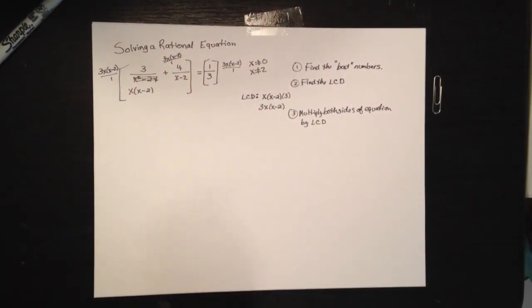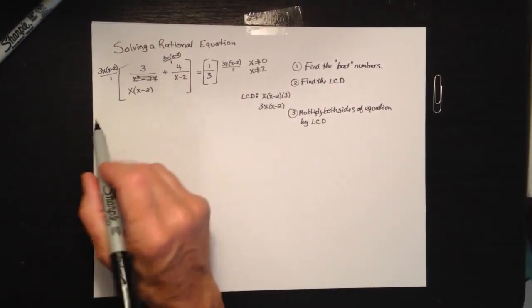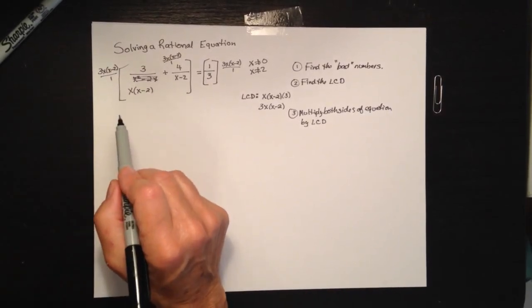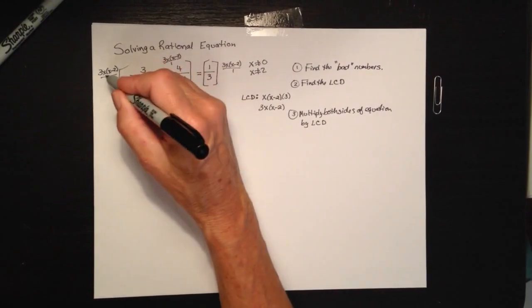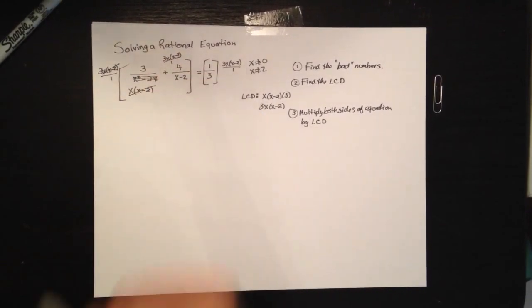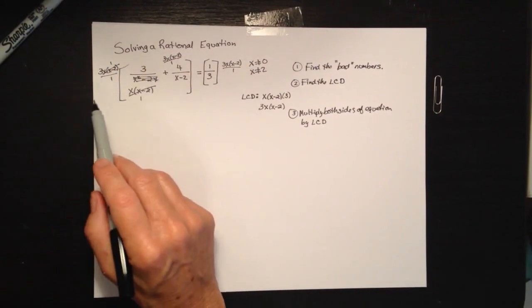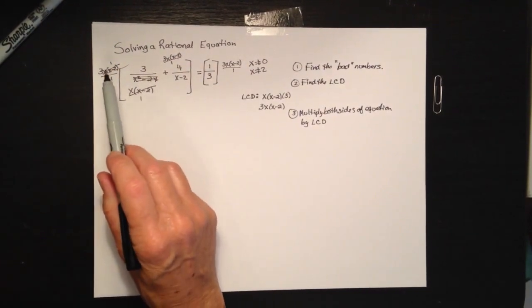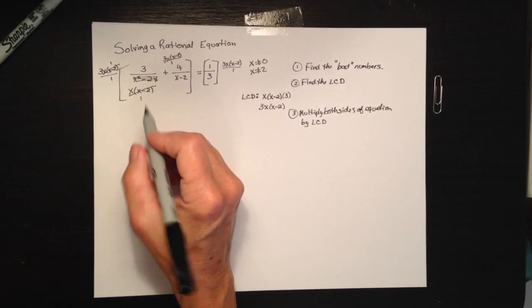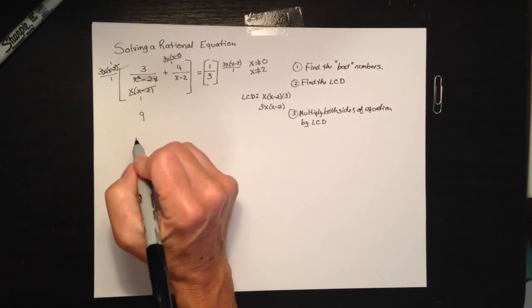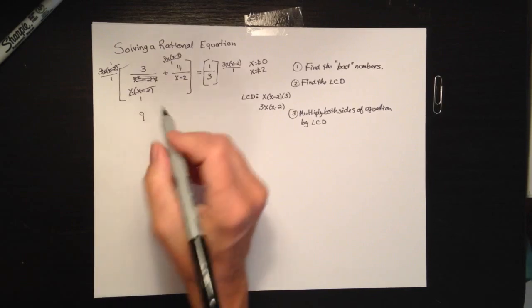Okay, now let's go through and cancel what we can. 3x times x minus 2 over 1 times 3 over x times x minus 2. x times x minus 2 will cancel. They will divide into each other, leaving us with 1's there. So what we're left with in the numerator is 3 times 1 times 3, or just 9. In the denominator, 1 times 1, so 9 over 1 is just 9.